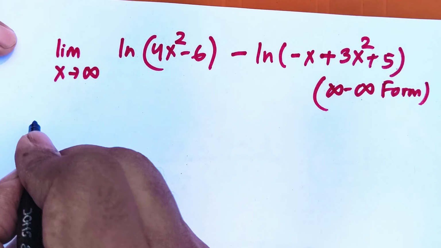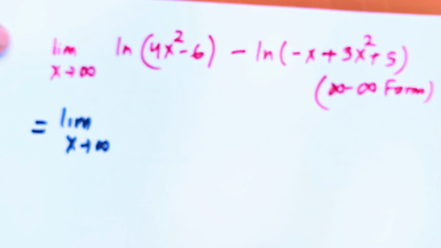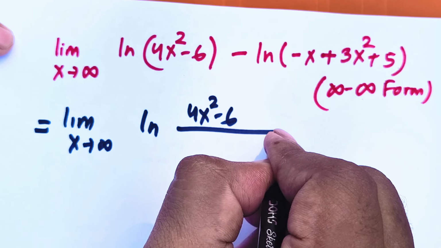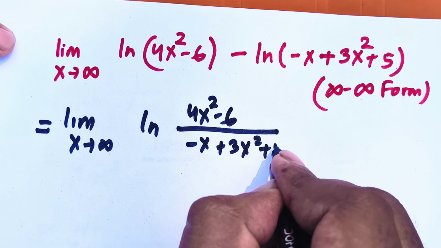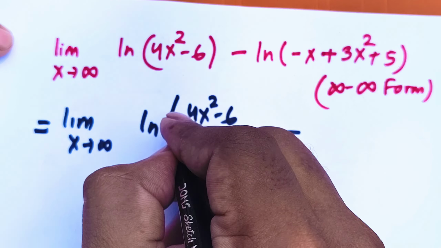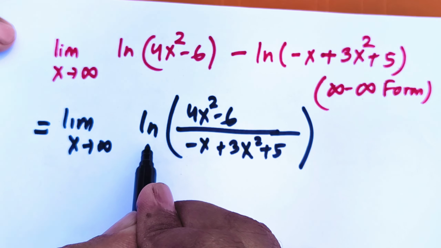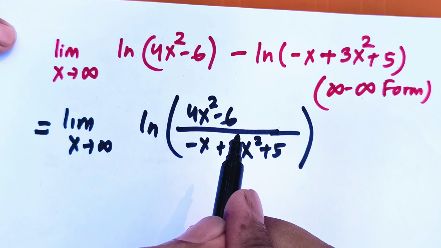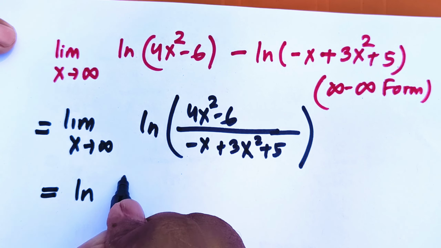Here what we will do, we will use the property of logarithm. This is just ln of 4x square minus 6 divided by minus x plus 3x square plus 5. And when you have any continuous function, such as logarithmics, exponentials or trigonometries, you can take the limit inside.